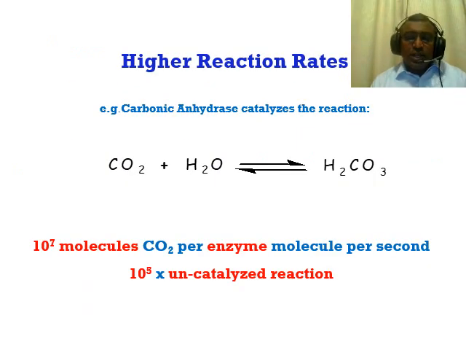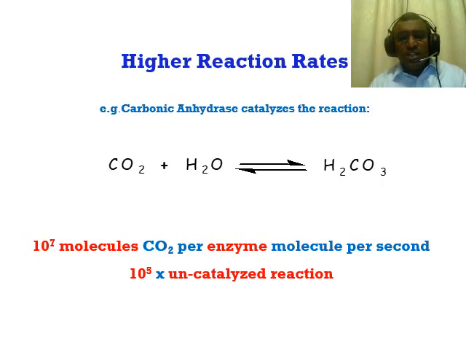So this slide proves that enzymes have a high reaction rate, where I have taken an example of carbonic acid in the body, where in the blood carbon dioxide will dissolve with water and react and become carbonic acid, and it will then go to the lungs and reverse the process to remove carbon dioxide from the body.